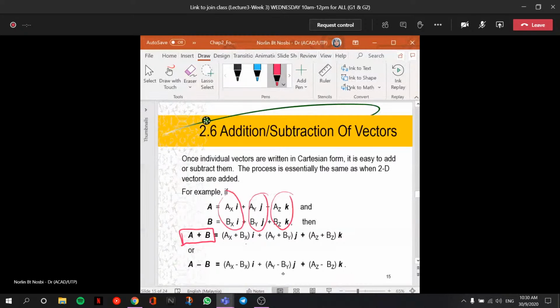For A minus B, you subtract: Ax minus Bx, Ay minus By, and Az minus Bz. Don't forget to check the negative and positive. This one I'm sure you all know. Very simple.